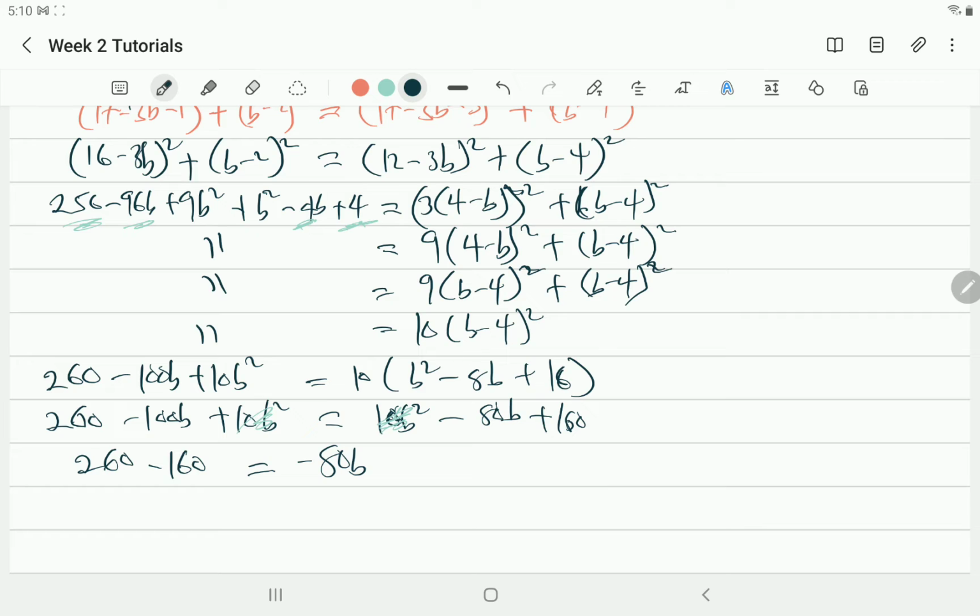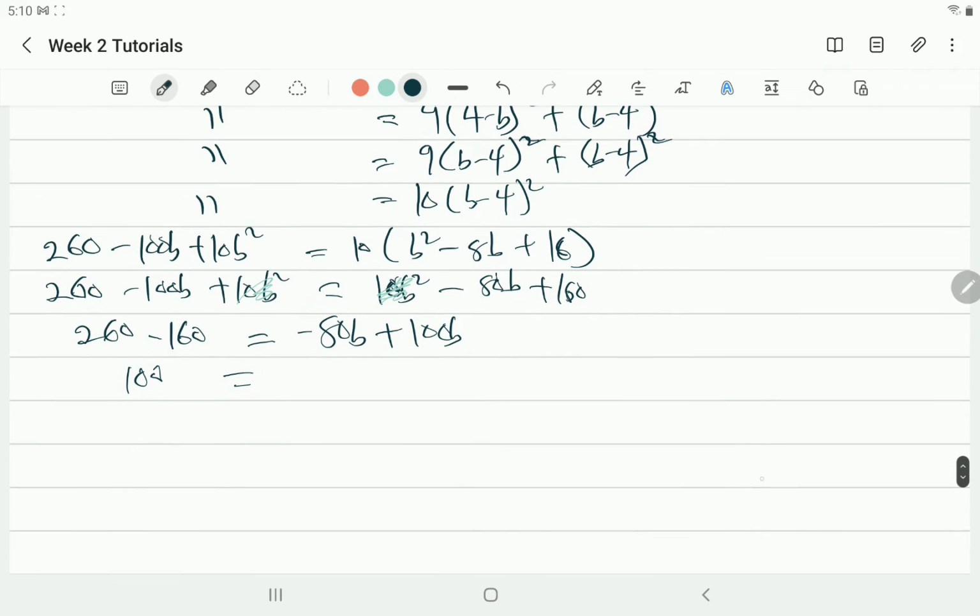I let minus 100b cross. It becomes positive 100b. Eventually we have 100 is equal to 20b. So I divide both sides by 20. Finally I have that b is equal to 5, right?